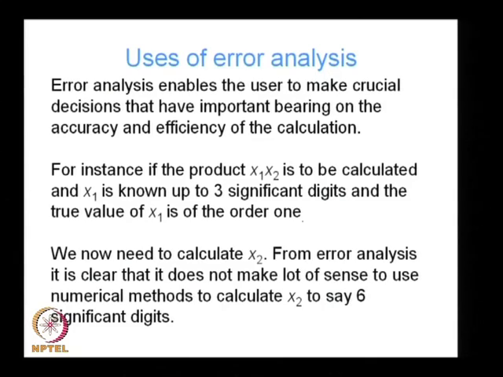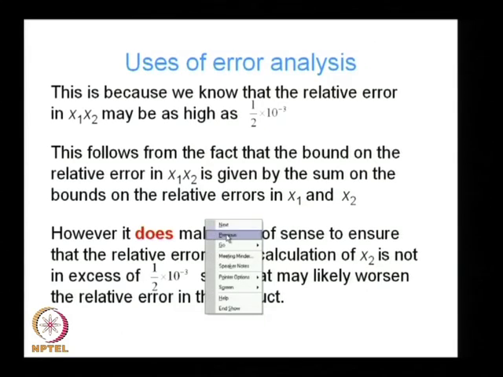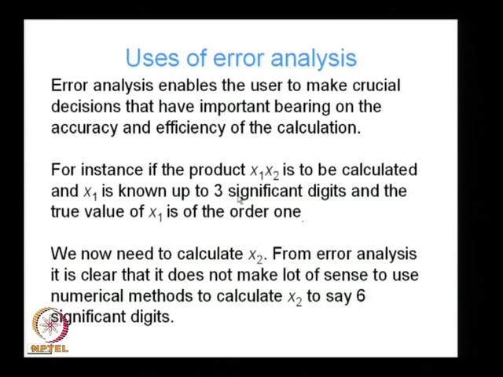From error analysis, it is clear that it does not make a lot of sense to use numerical methods to calculate x2 to say 6 significant digits. Why is that? This is because we know that the relative error in x1 x2 may be as high as half into 10 to the power minus 3, because x1 is known only up to 3 significant digits.